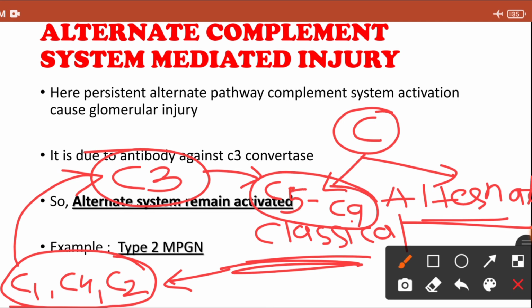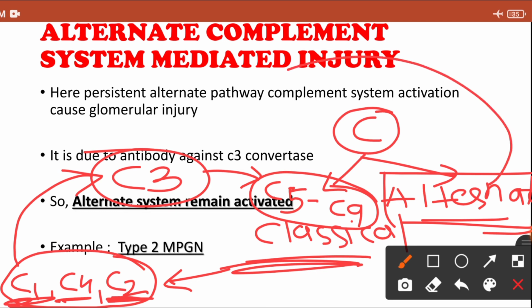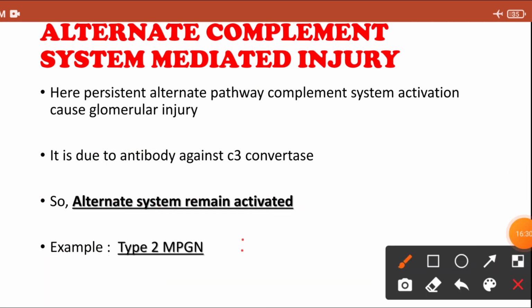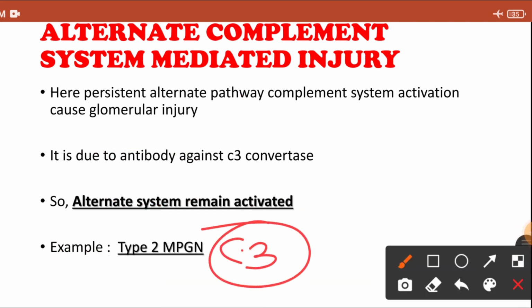But in the alternate pathway, C1, C4 and C2 will not get activated and there is a direct activation of complement C3. That's why it is known as the alternate pathway of complement activation. So in the alternate pathway directly C3 is activated, and this C3 is a key complement component which leads to complement mediated injury.